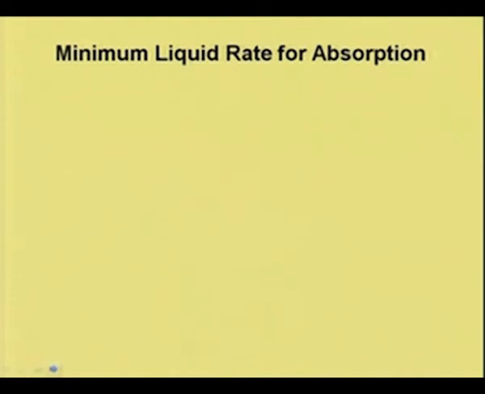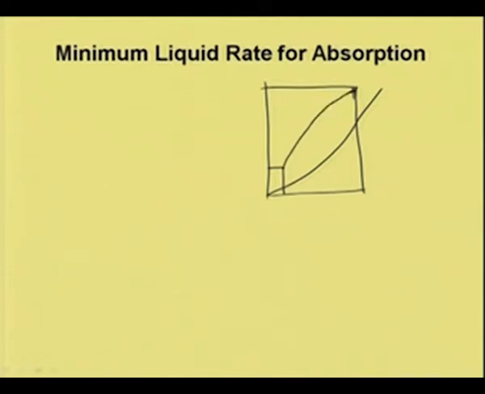If we plot the absorption curve in mole fraction instead of mole ratio, this is the exit concentration x1 and this is x2, this is y2, this is y1, and this is the equilibrium line, and this is the operating line.